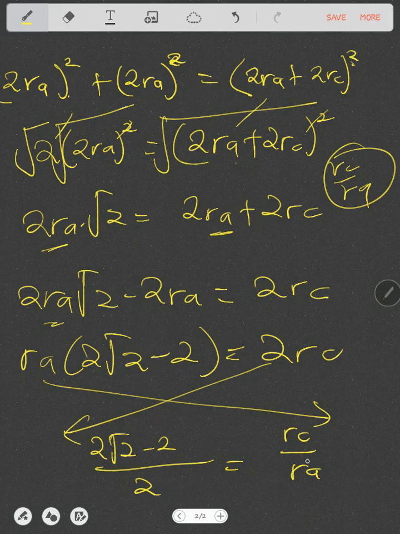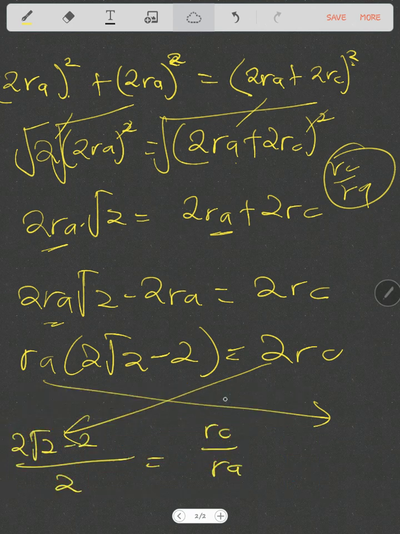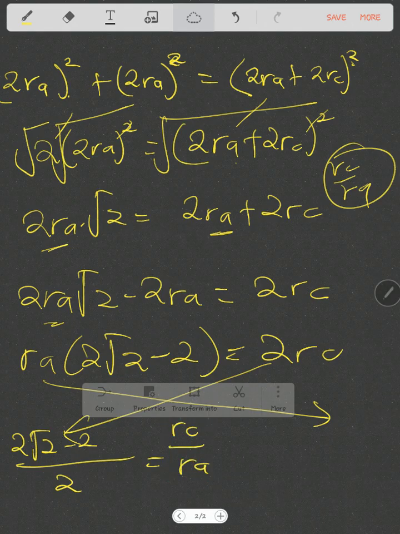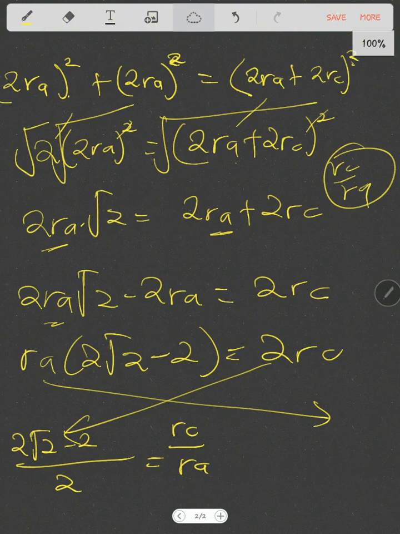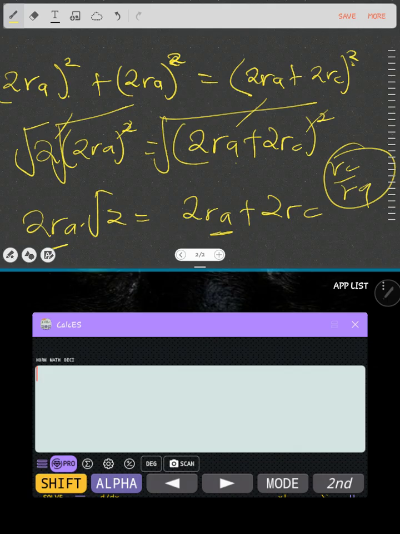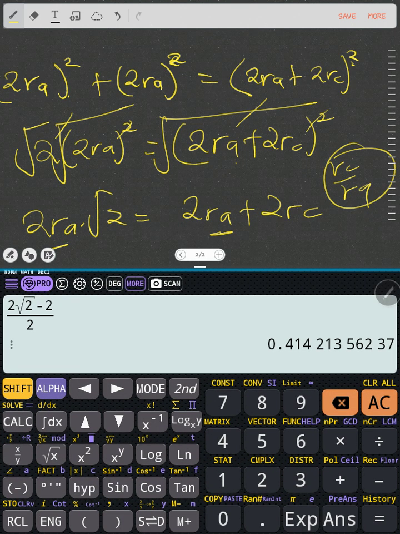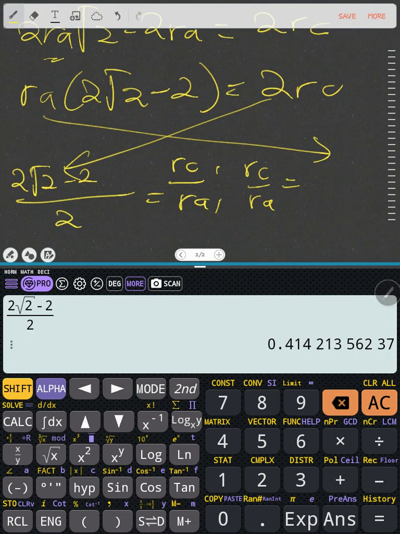So now let's see what we get for RC over RA. Let's check this. Again, have the diagrams, or be able to visualize the site and the coordination numbers, and from there you'll be able to deduce everything and get the lower limit.